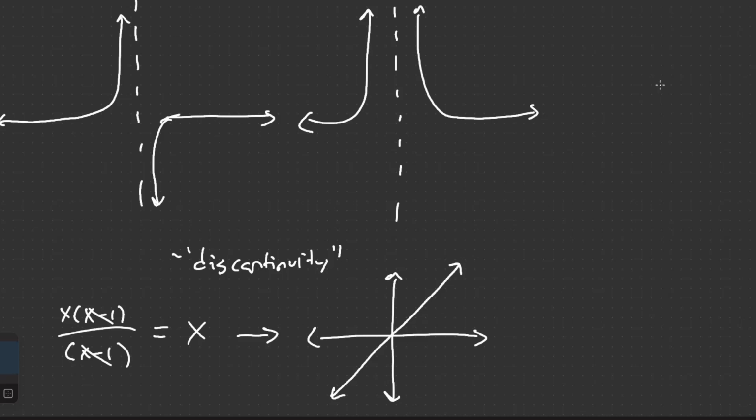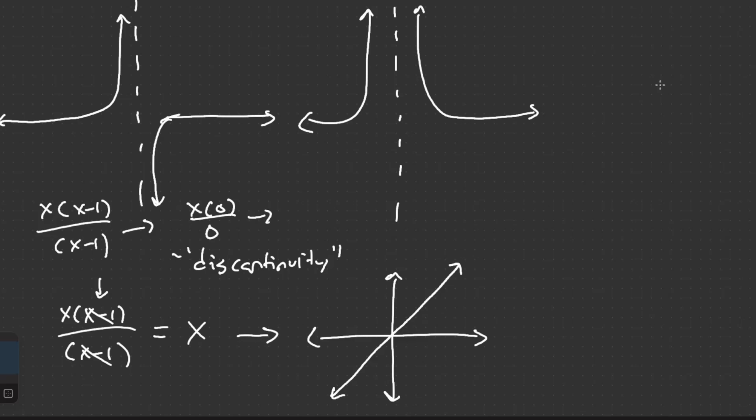However, the thing we canceled out, what zero is that? That will be 1, right? If we go back to this original equation, when x is equal to 1, this becomes x times 0 over 0.